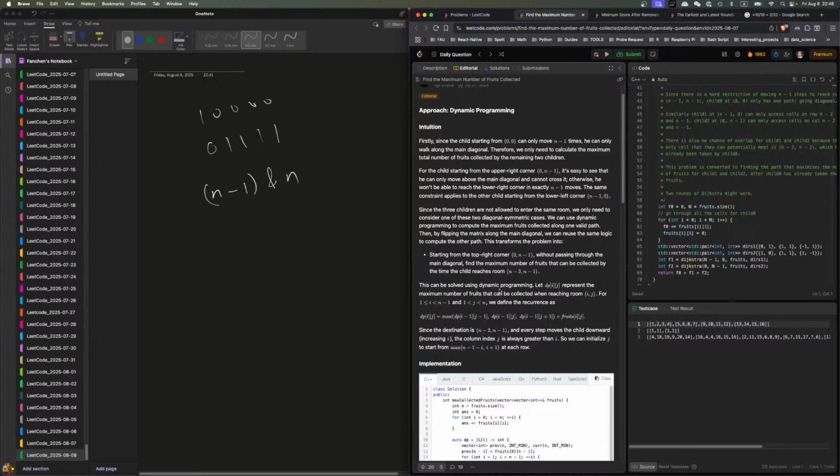This can be solved using a dp. Let this represent the max number of fruit that can be collected when reaching room this. Max that can reach here. For max number of fruits that can be collected when reaching this, for this and then this.